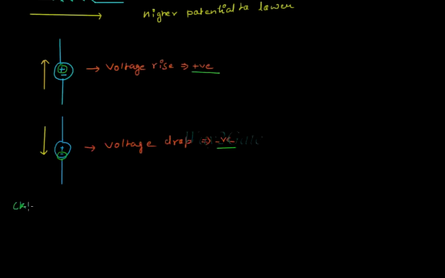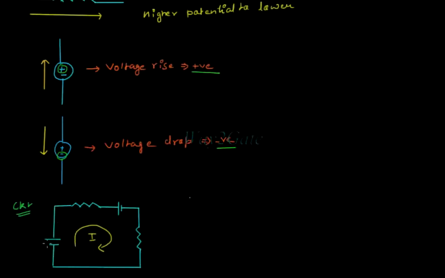Now, let's consider a circuit where current I is flowing in a clockwise direction. According to KVL, the sum of voltages in a loop is equal to 0. Therefore, V1 plus V2 plus V3 plus V4 is equal to 0.